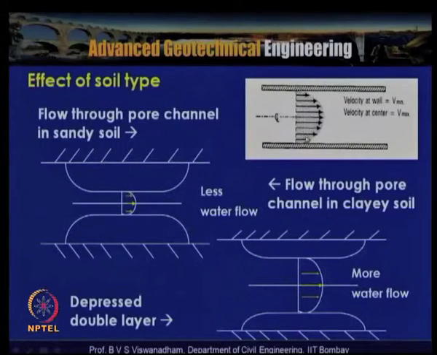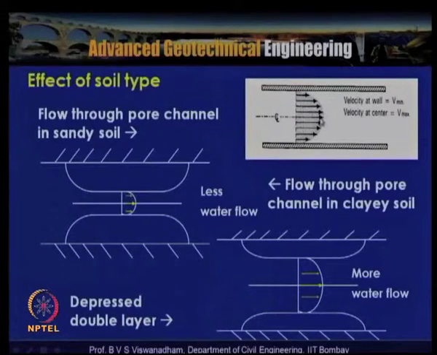which happens through a coarse grained soil. Let us assume you have a grain here and a grain here. Because of the presence of roughness, the velocity with which the water flows through the voids decreases along the boundary walls because of frictional drag, and the velocity drops to 0.